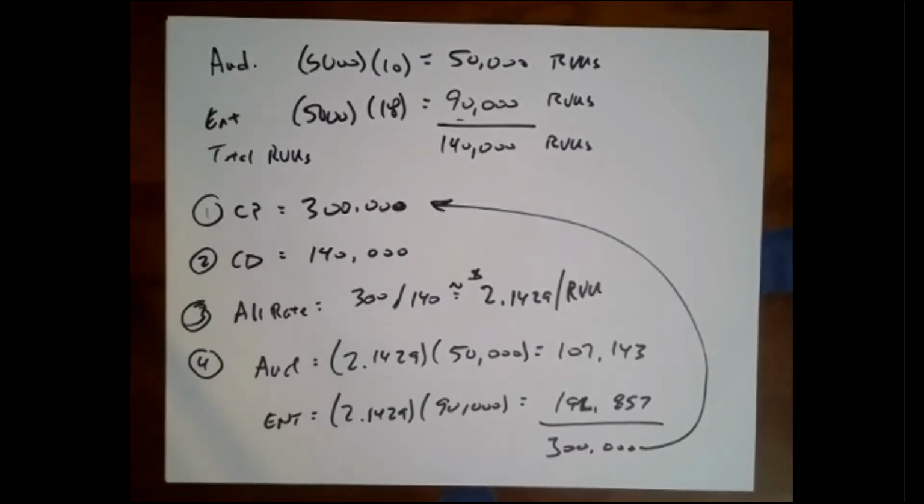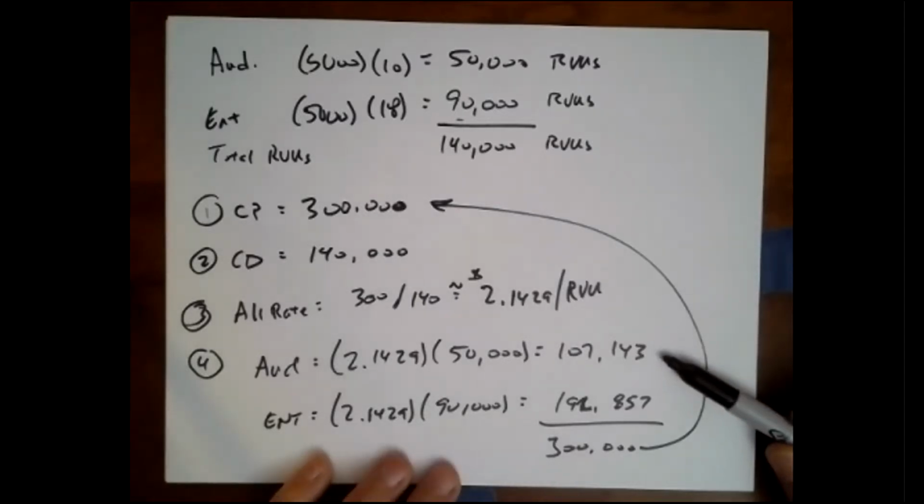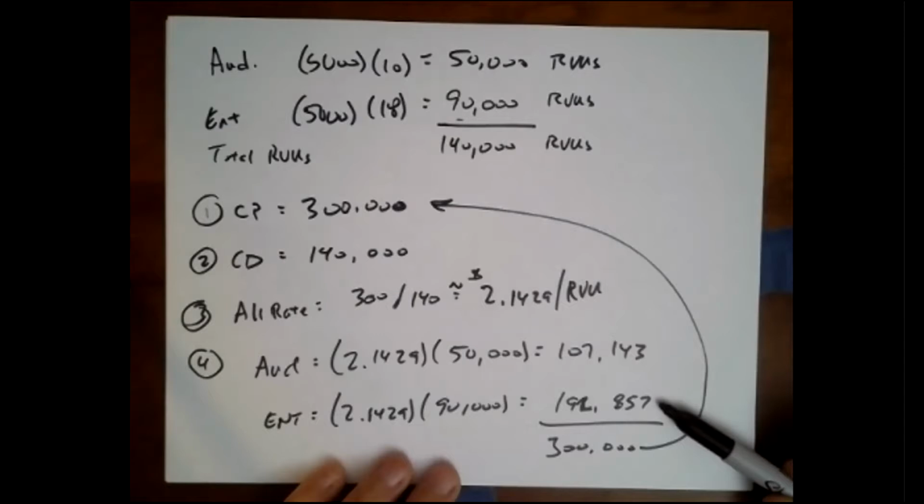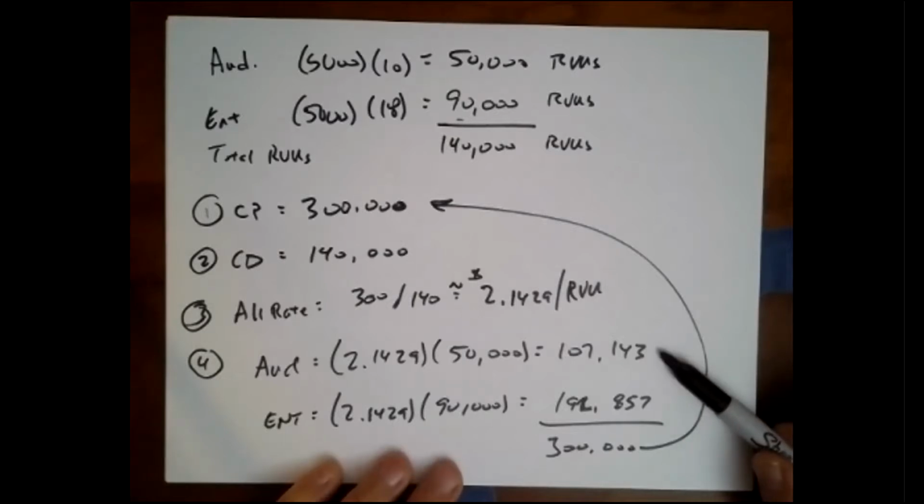So this time, more is being allocated to audiology than to ENT. The first time it was 100 and 200. That was for cost to charge. Then when we did it based on annual revenue, the opposite thing happened.